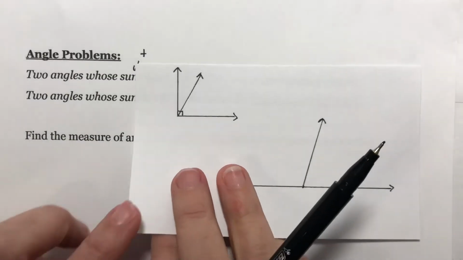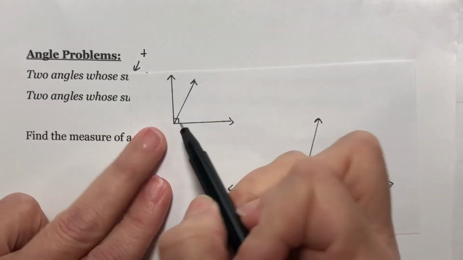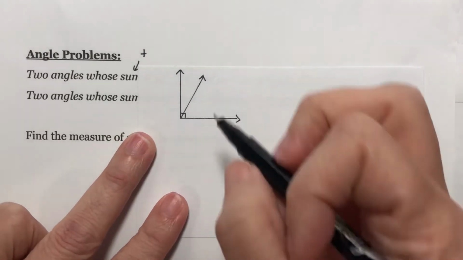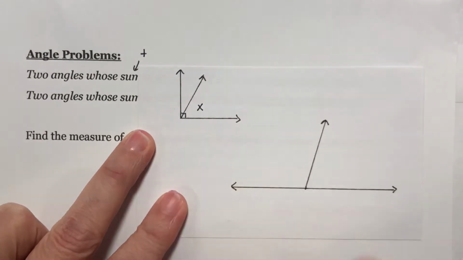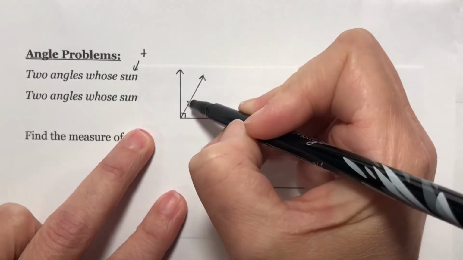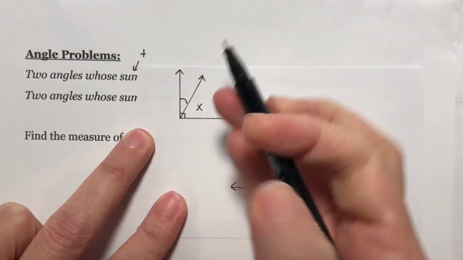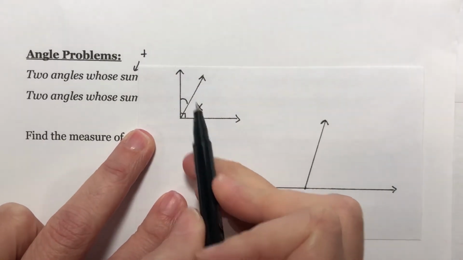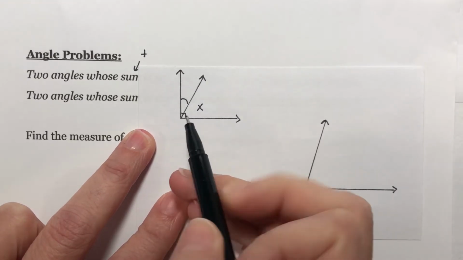Well, a 90-degree angle is a right angle. What this is saying is if we know the measure of this angle, whatever it is, because it's a right angle, these two numbers have to add up to 90, right?